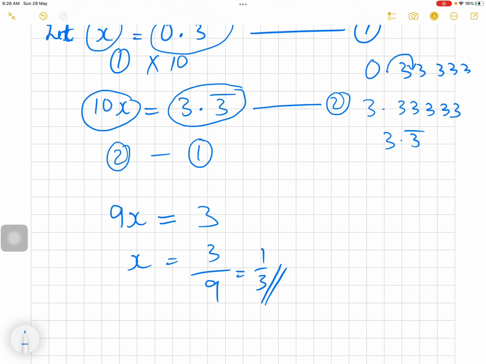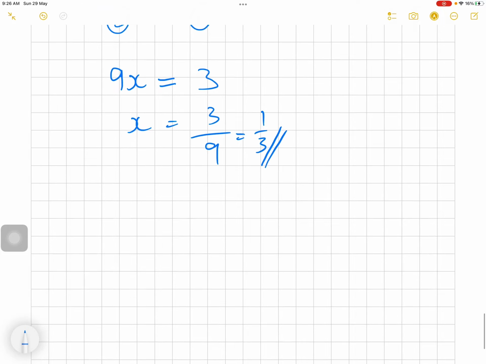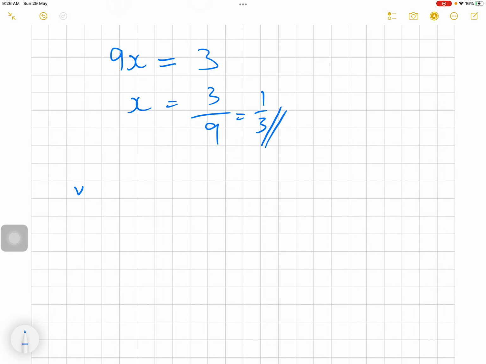Okay, so I'll show one more number, which is 5.915915 and so on. Here 915 is recurring, so it is 5.915 recurring, right?